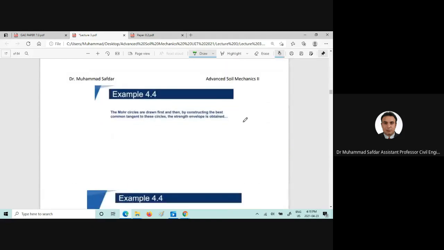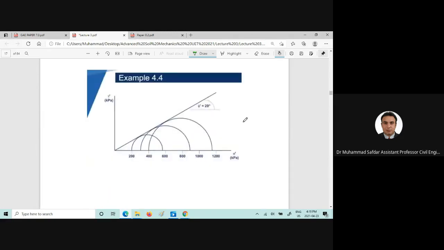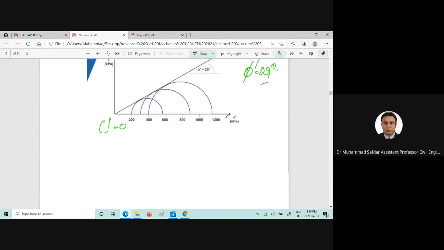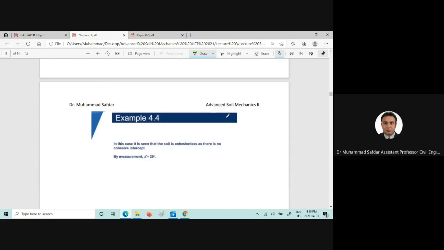And if we draw the Mohr circle, we can find out the C prime and phi prime of 29 degrees. Pretty much a very simple example.